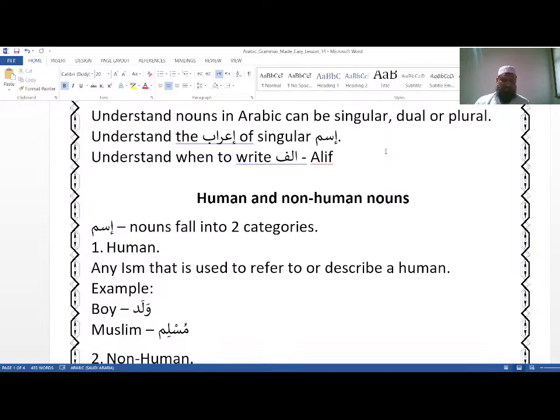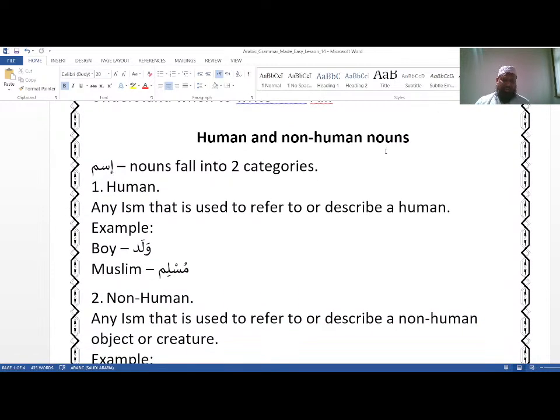Number 2, non-human is the opposite. Any ism that is used to refer to or describe a non-human object or creature. So other than humans, the rest of the isms will be non-human, including creatures.